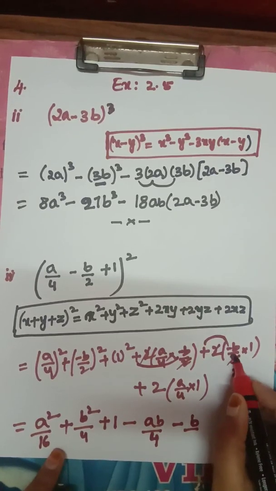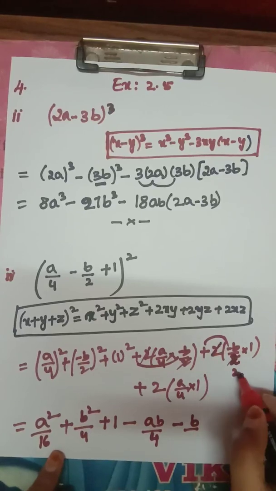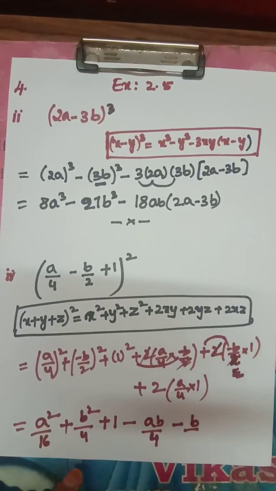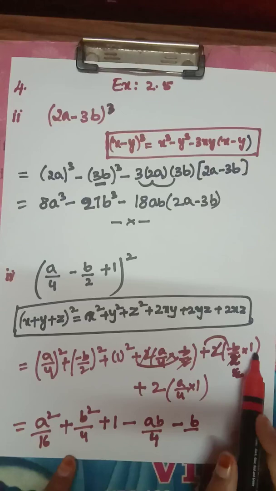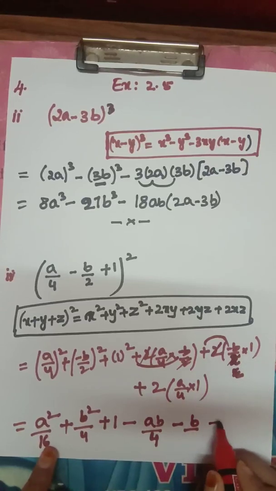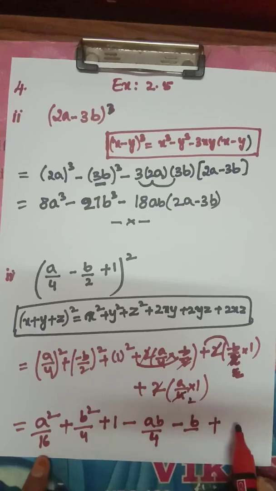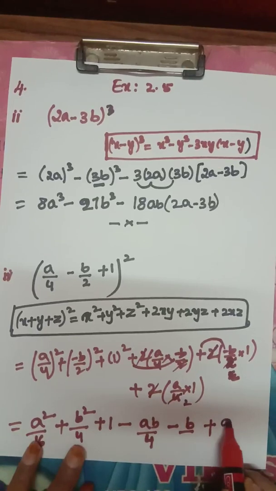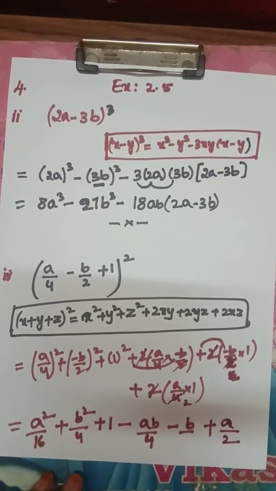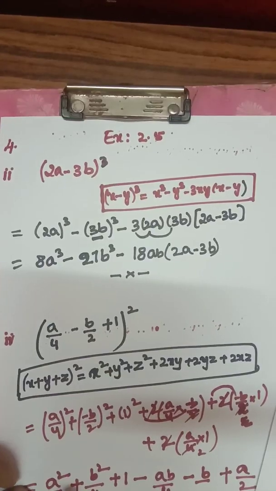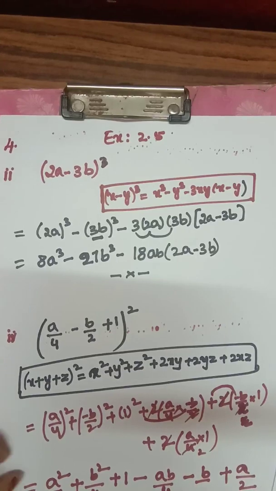Sorry, this is b/2, so this 2 and this 2 will get cancelled, so minus b into 1 is minus b, plus 2 1s are 2, 2 2s are 4, that is a by 2. Is it clear? So the answer is a square by 16 plus b square by 4 plus 1 minus ab by 4 minus b plus a by 2.